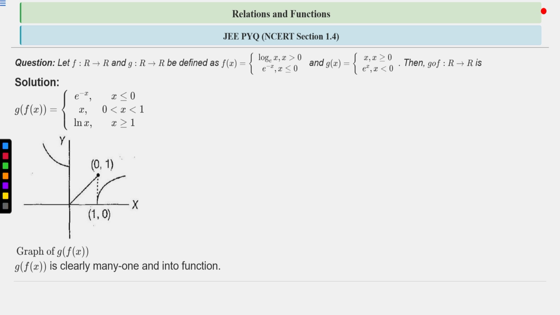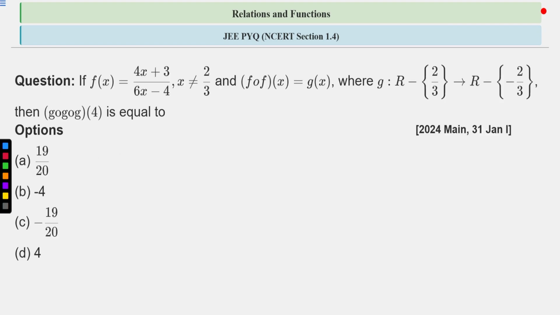Okay, so let us move to the next question. This question says if f(x) is equal to (4x plus 3) upon (6x minus 4), and x is not equal to 2 by 3, and f of f(x) is equal to g(x), where g is defined from R minus 2 by 3 to R minus 2 by 3, then we basically have to find g o g o g(4).